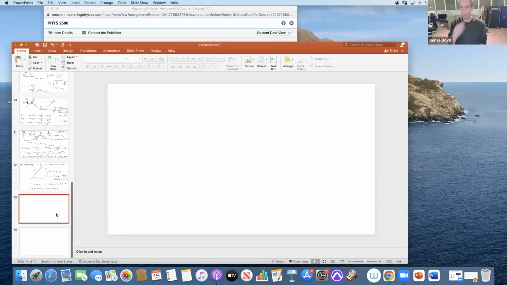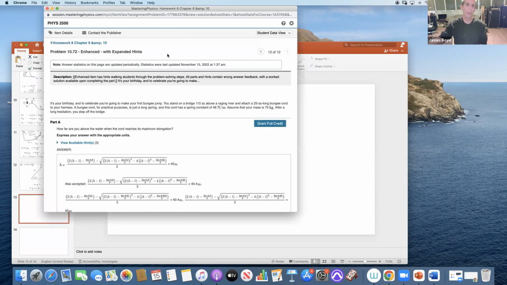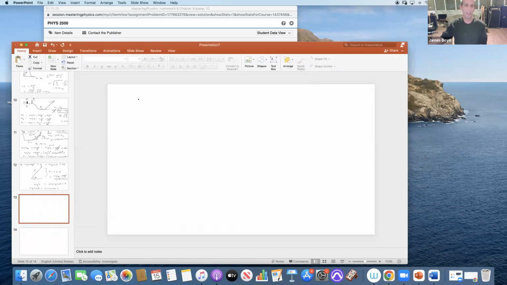Now we need to think about this carefully. We are starting 110 meters above, okay? Above the water. And the thing doesn't start to elongate until we're at 25 meters. So we can think of this as a spring, right?